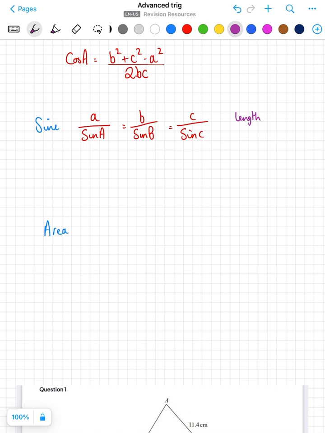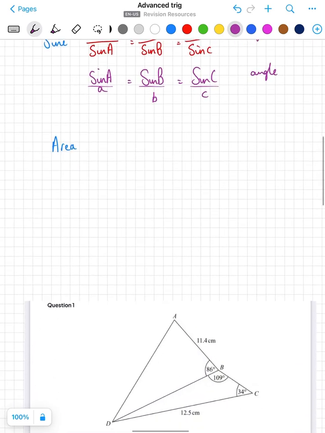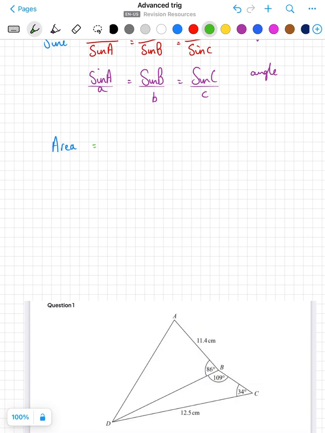If you flip this upside down to give you sine A over a equals sine B over b equals sine C over c, this allows you to rearrange to find the angle. And then the formula for the area of a non-right angle triangle is a half ab sine C.